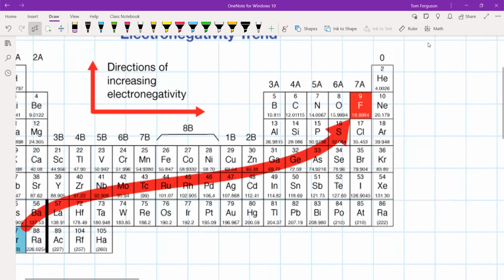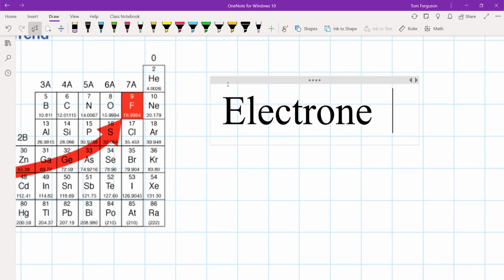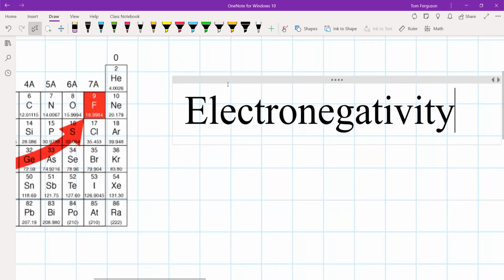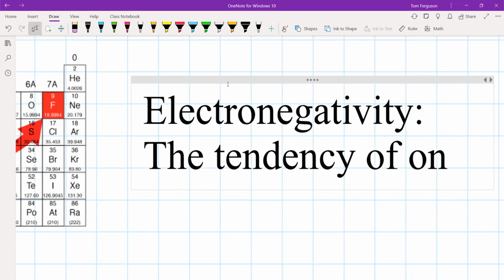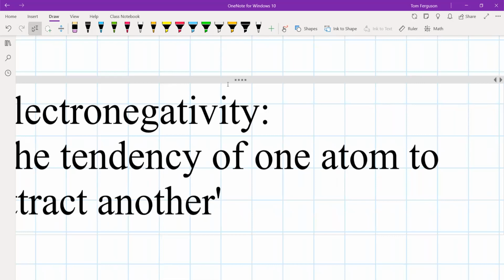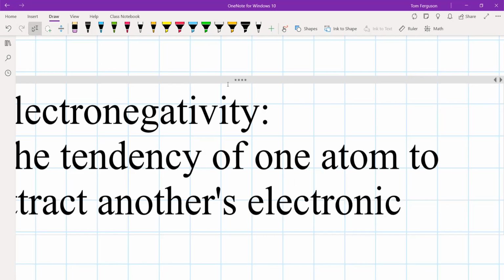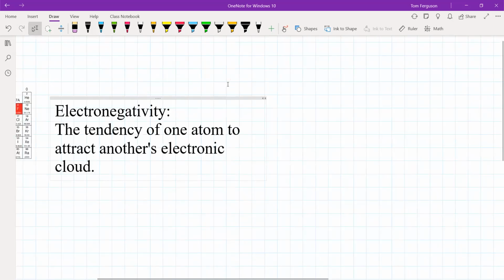So, electronegativity is a tendency of one atom to attract another electron cloud.